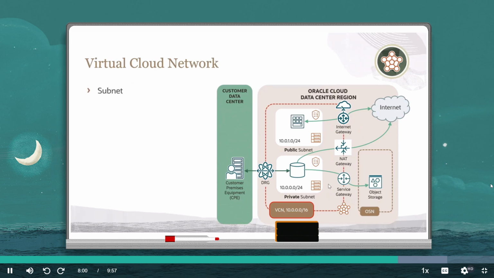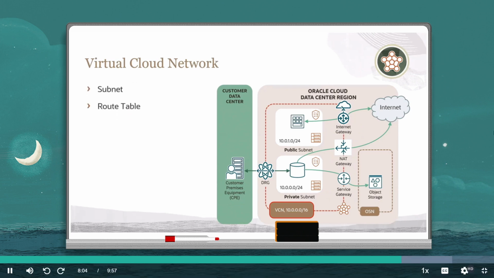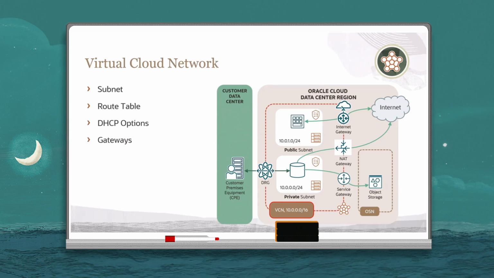So moving on, we discussed what a subnet is, route tables, DHCP options, gateways, the three types of gateways that you can see, and network security group and security list that talk about the security component. So these two are related to security.